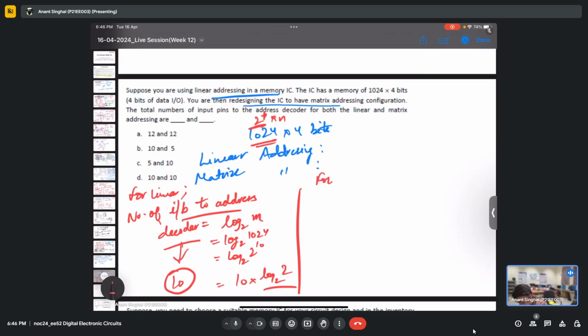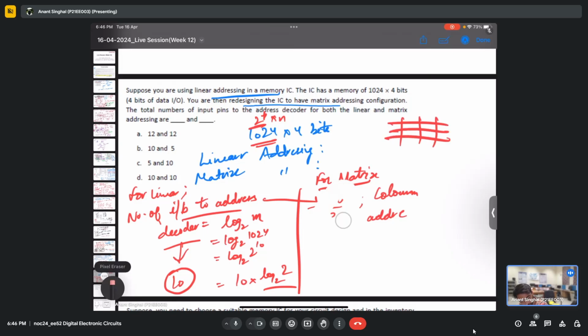And for matrix addressing, we again have the number of inputs to the address decoder, which is the total divided by 2. So we have what we got from the linear case times half, for the row and the column address decoders. For matrix we have certain rows and columns.